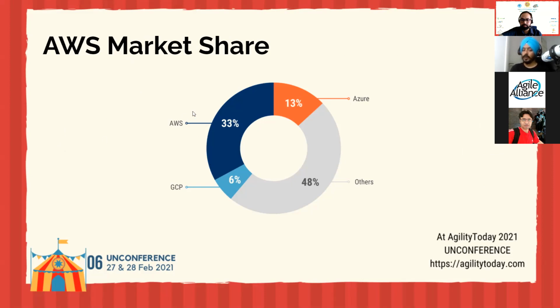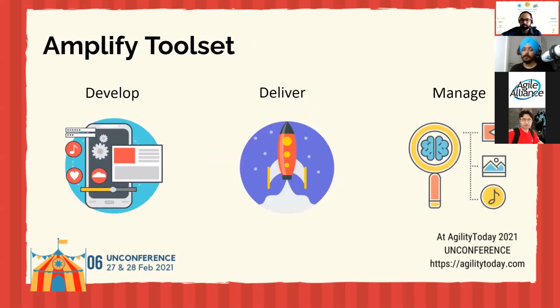Okay, so now let's see how it can help. Amplify works in three different areas: develop, deliver, and manage. And that's pretty much it, covering everything from development to deploy and then managing. Let's go through them step by step.